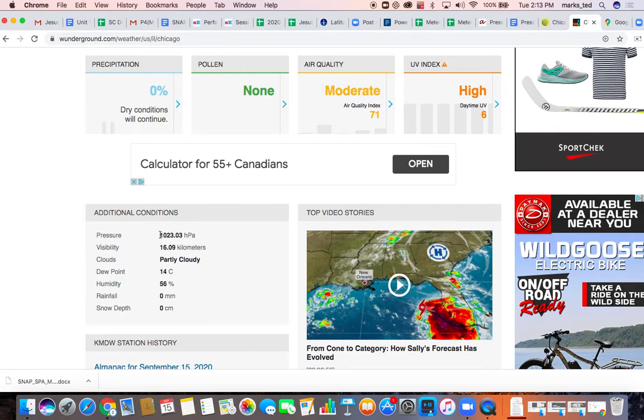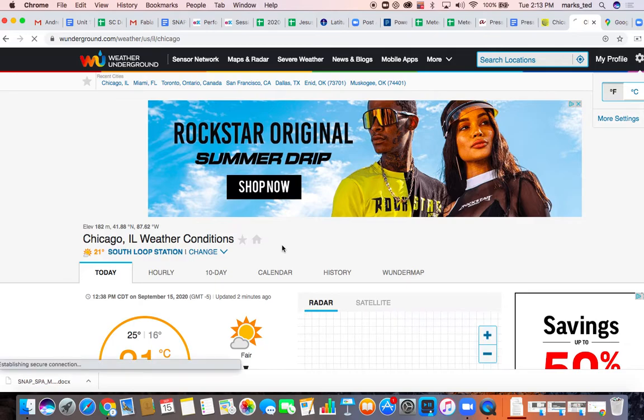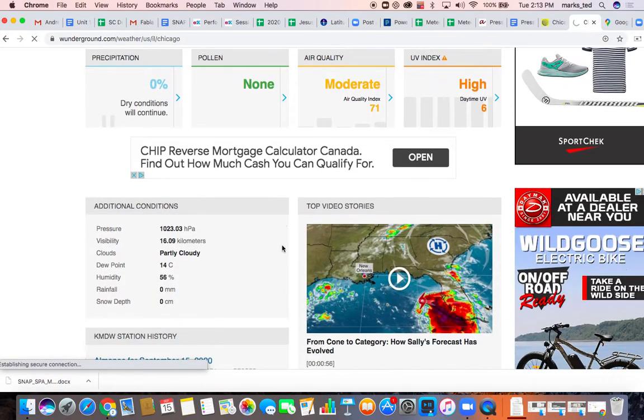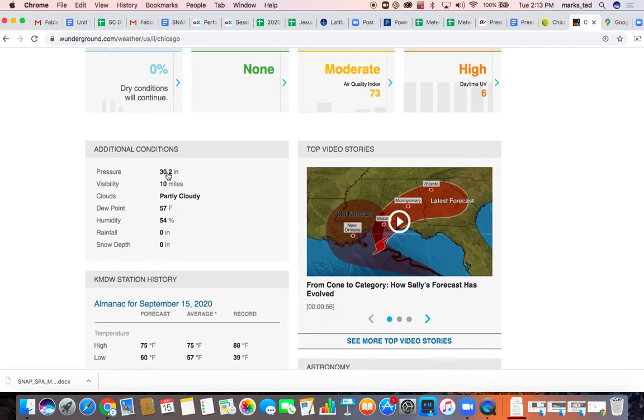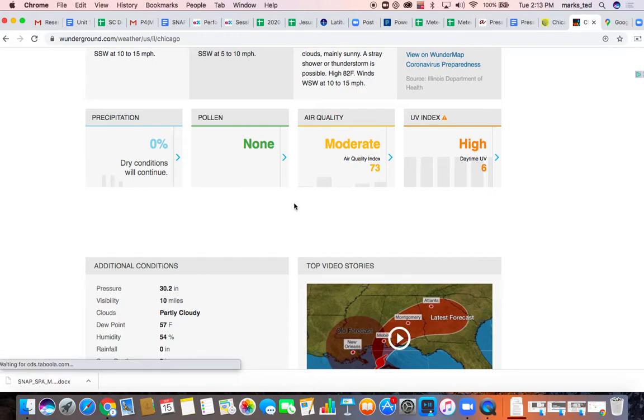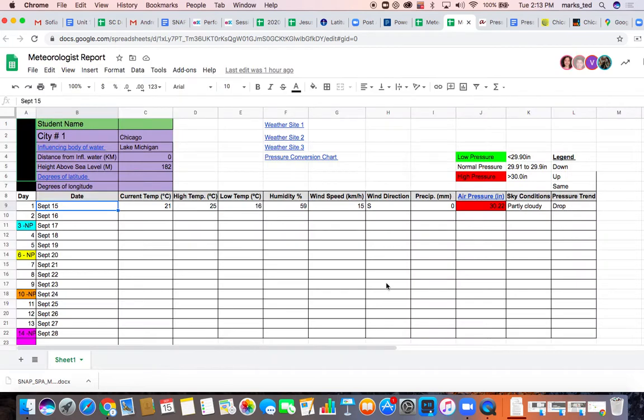Notice that it's not in the units that I want. I want inches. So for air pressure, you have to go back to Fahrenheit, and it will convert it into inches of mercury, which is how we measure air pressure. We'll talk about that on Friday. So it's 30.2, and if I go back to my Chicago meteorologist, 30.2.